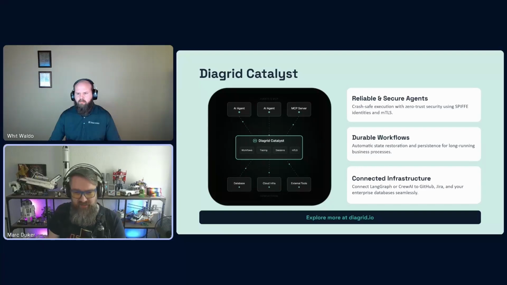As you can see in this diagram on the left, you have all of your agents, and Diagrid Catalyst in the middle, running your workflows, with built-in observability, built-in session management, and also mTLS, so communication between agents and other resources is secure. With Diagrid Catalyst, you can also connect all of your infrastructure in a secure way. So you can safely connect and communicate between your agents, but also between your databases, MCP servers, and other external tools that you'll be using.